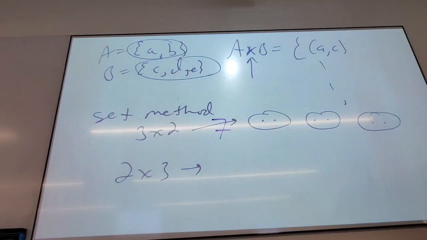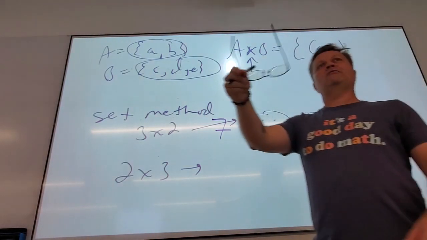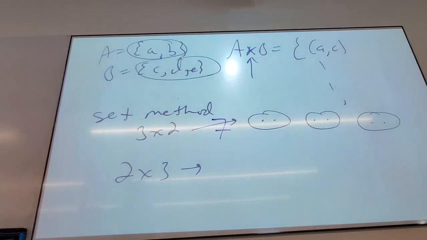That is physically very different, right? If I have 3 groups of 2 people, I can envision that. 2 groups of 3 people is a very different physical situation, a different social situation. Mathematically, they both end up with 6 people.